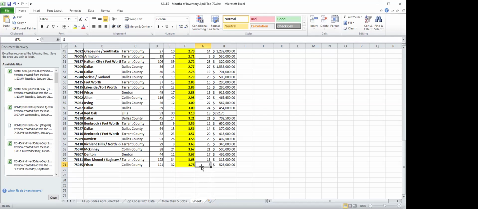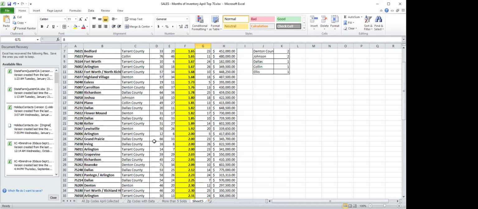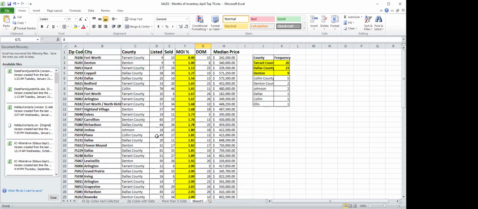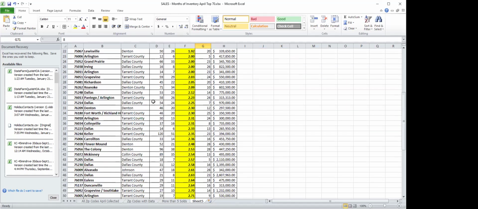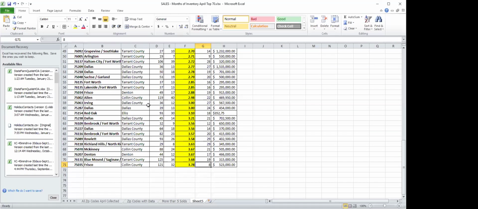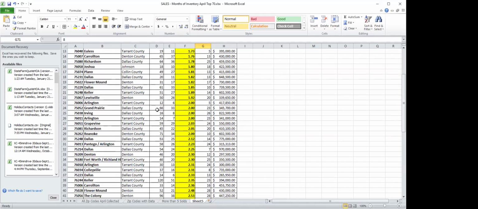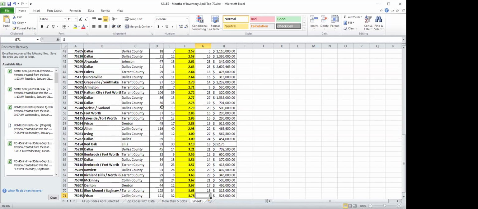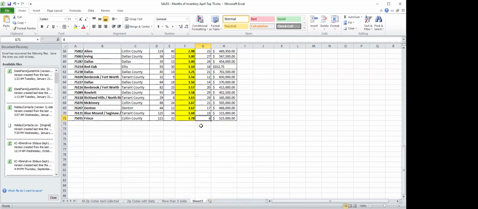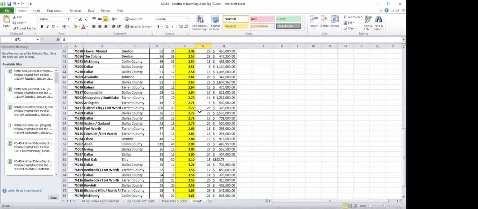And if it's not done well or not priced well, it sits and accumulates into a larger pool of unsold inventory. So this particular table, my apologies, shows you 70 top zip codes that you can invest in, and know that if you do the property well and price it well, you should be able to sell quickly, within 30 days.